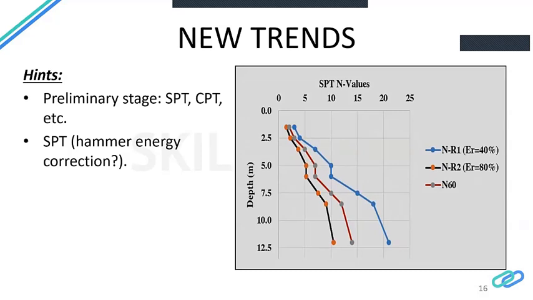For the same soil, the blue one, which is the 40% hammer energy efficiency, will end with this profile, and the black one, which is with 80% hammer energy, will end with the black line.